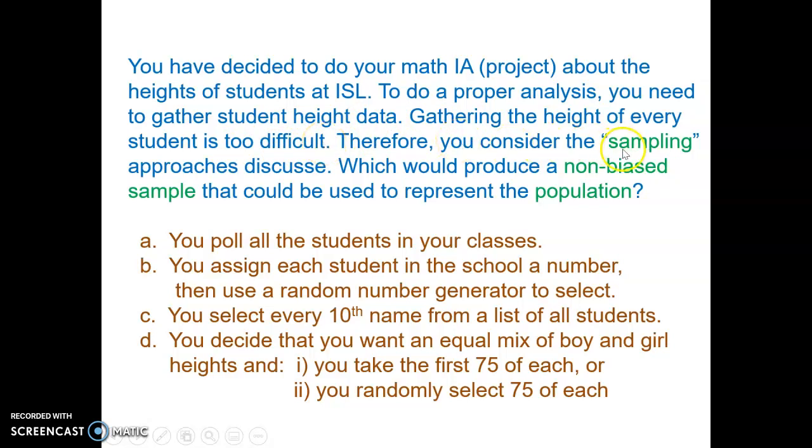Therefore, you consider the sampling approaches we've discussed, which would produce a non-biased sample that could be used to represent the population. So here are 5 different options. I want you to tell me, for each option, what kind of sampling it represents, and then finally choose which of these 5 techniques you think would be the best one to use for this little experiment.